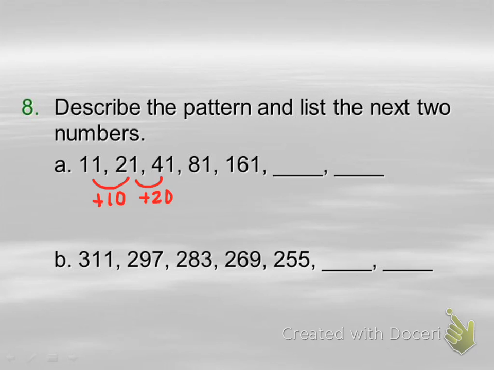Good. What happened here? Went up 40. What happened here? Went up 80. Good. Now, there is a pattern within the pattern. How would you go from 10 to 20, from 20 to 40, from 40 to 80? What are they doing each time?